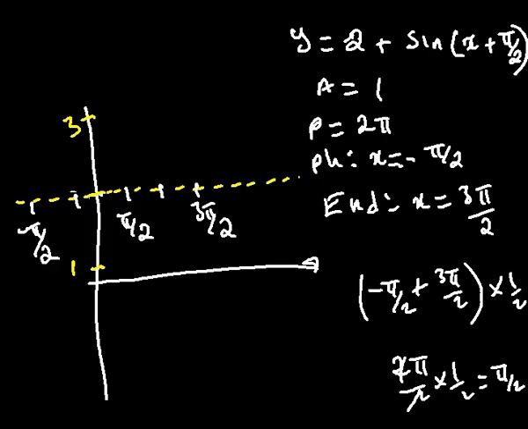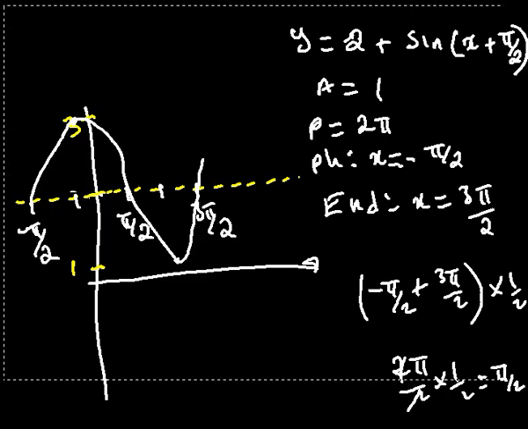The graph will go up to this point, and the graph will go down to this point, like that. We'll have it as this, and the graph will go like this, and like this. So that's how you should have it.